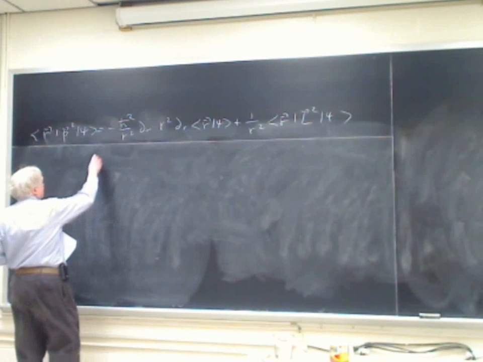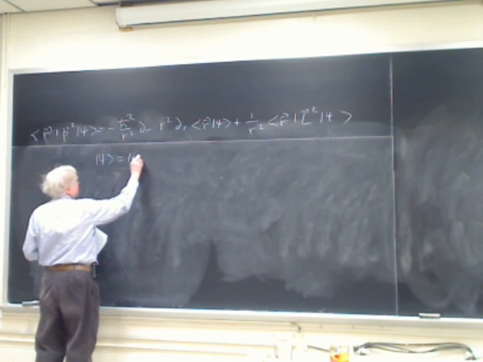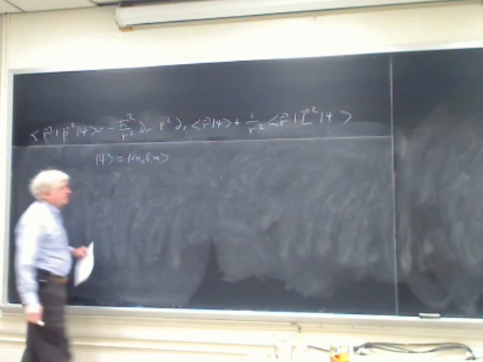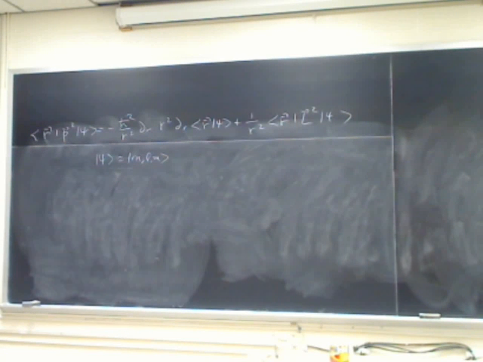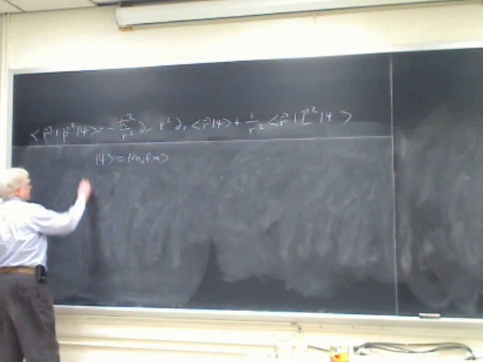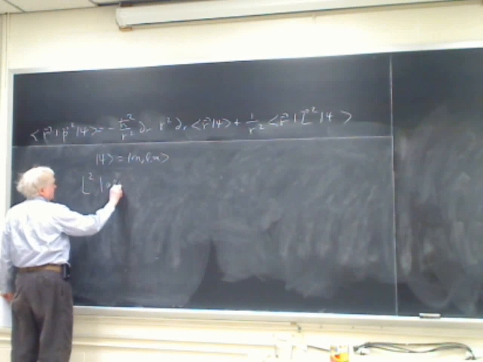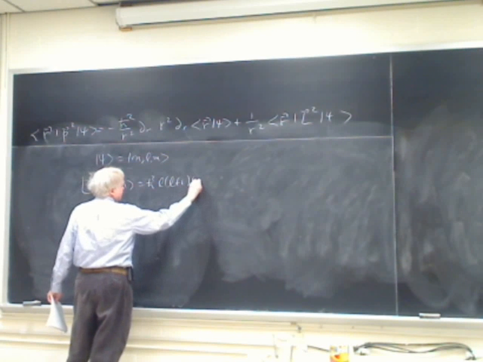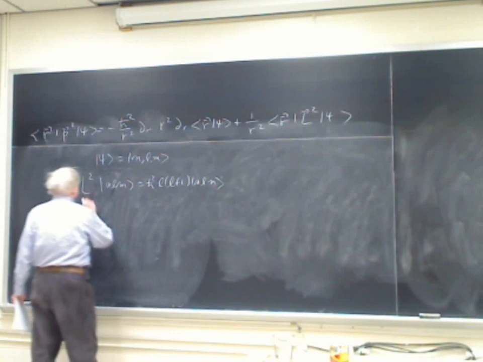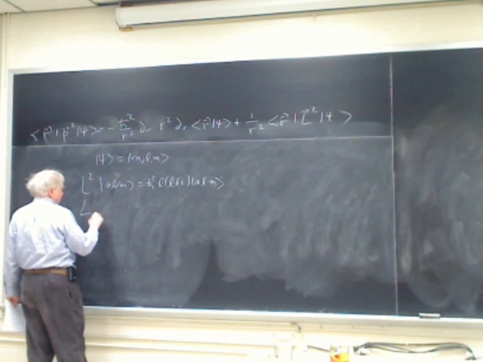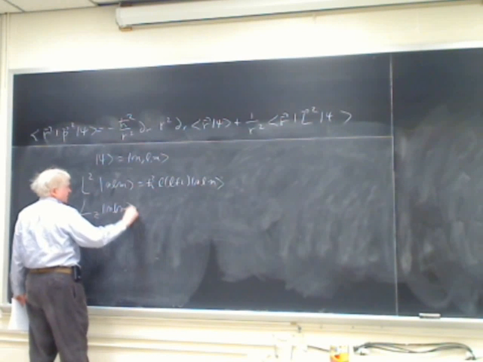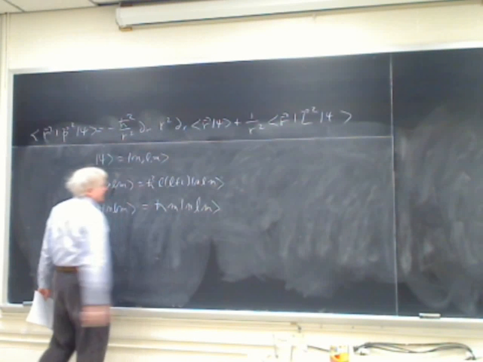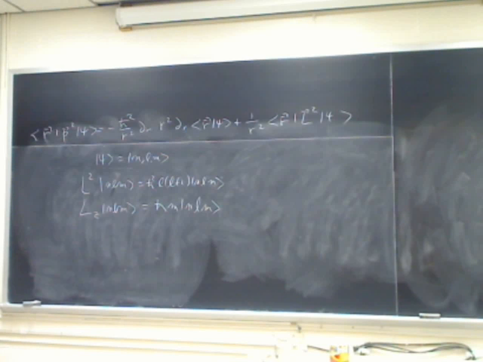And we know that we can set psi equal to some quantum numbers n, l, m, and for now we're ignoring electron spin, and we know that L squared on |n l m> is h bar squared l(l+1) |n l m>, L_z or L_3 on |n l m> is h bar m |n l m>.